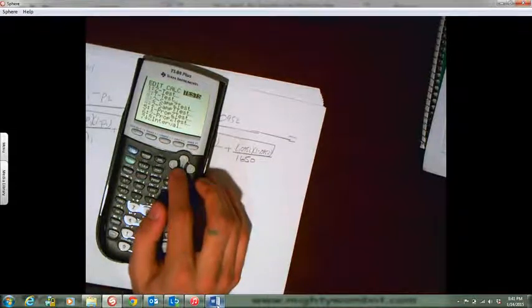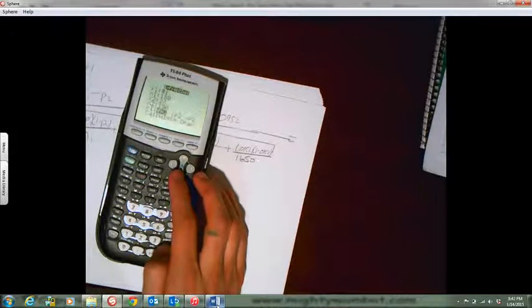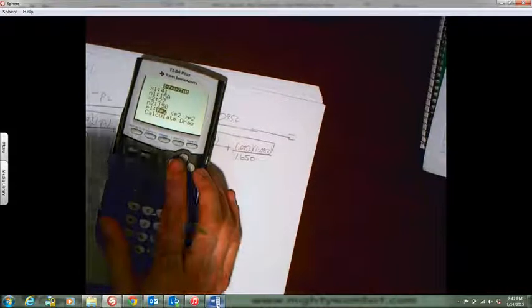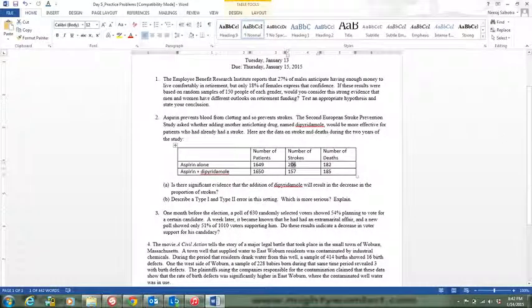So we go stat, we go test, and we want a 2 prop z-test. So X1, how many successes in group 1? 206 in group 1. So 206, N was 1649. How many successes in the next group?